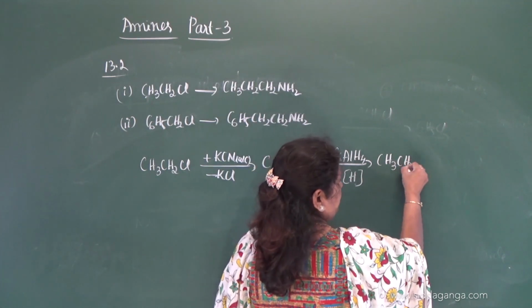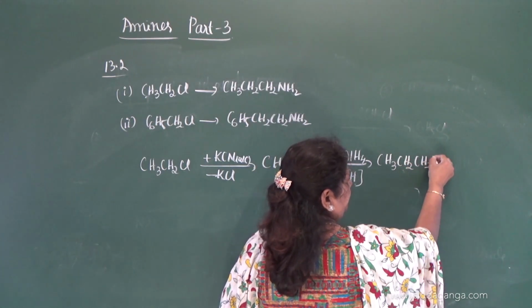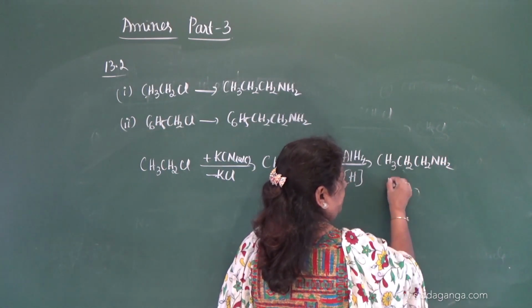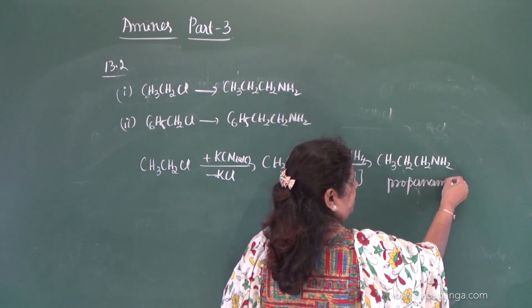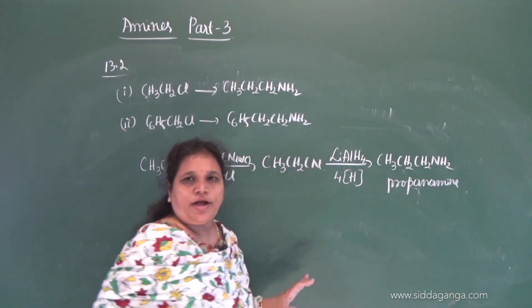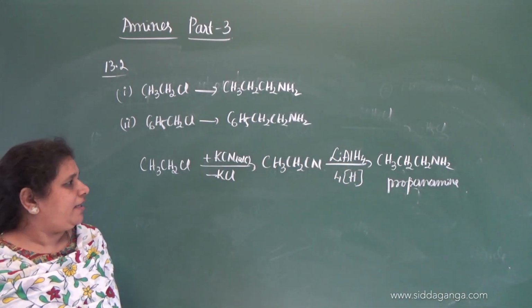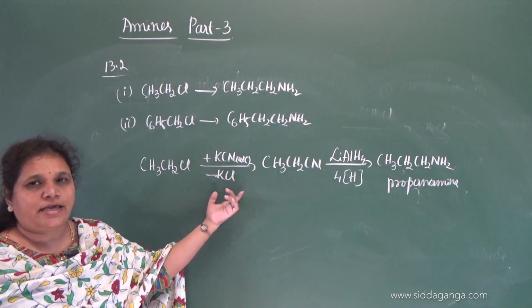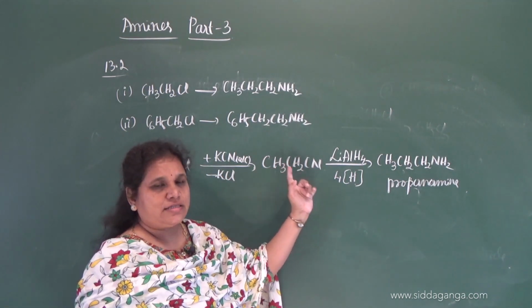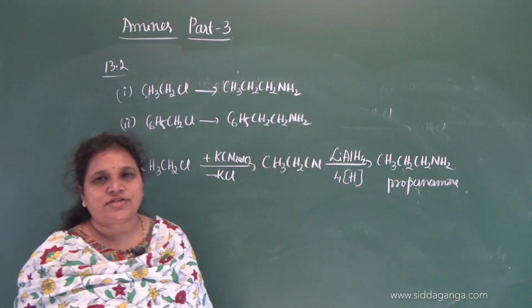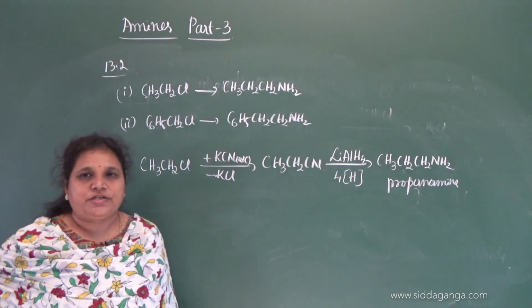CH3CH2CH2NH2, that is propanamine. So conversion of ethyl chloride to propanamine by treating ethyl chloride with cyanide increases the carbon atom by 1 unit, ascent of series. After the reduction of cyanide, you will get the respective amine.